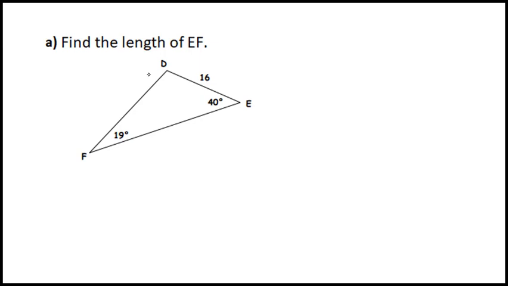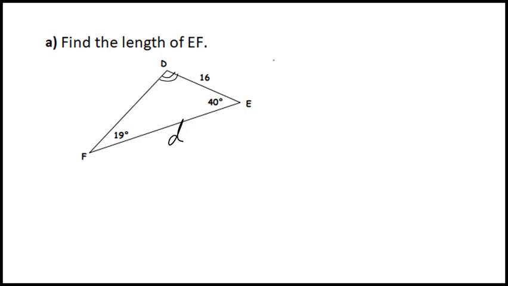Let's go to the example. Find the length of EF. That's basically d here. We need to figure out the corresponding angle to this EF, which will be angle D. As we know, the sum of all angles in a triangle is 180.